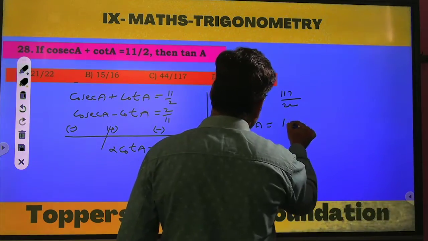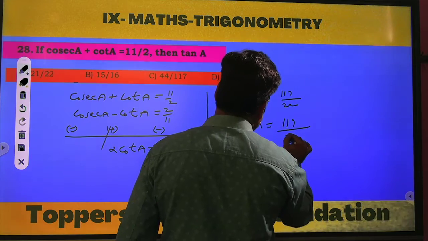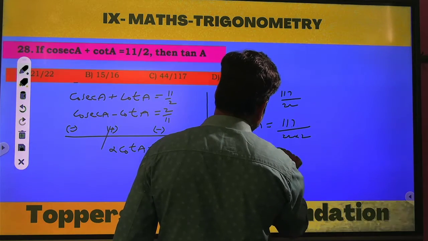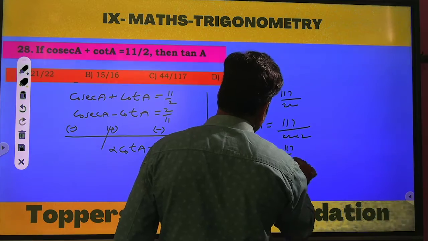Then cot A is equal to 117/22 into 1/2, that is equal to 117/44.